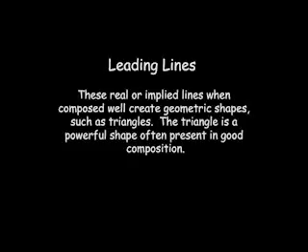How many sides does the triangle have? 3. Right? It's a powerful shape. When you have 3 elements in the photograph, and your eye goes between those 3, forming a triangle, it makes the photograph more interesting. If it's 2, it's just going back and forth. Right? If it's 4, it balances. If it's 5, then you're moving a little bit. But 3 gives you that simplistic movement of the eye, right? In a powerful, good composition.